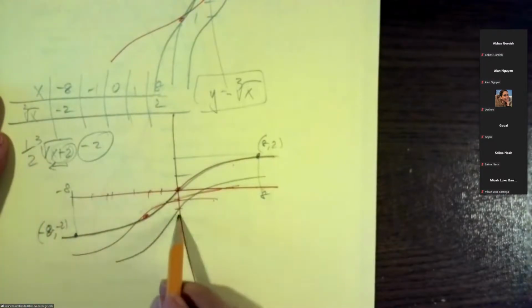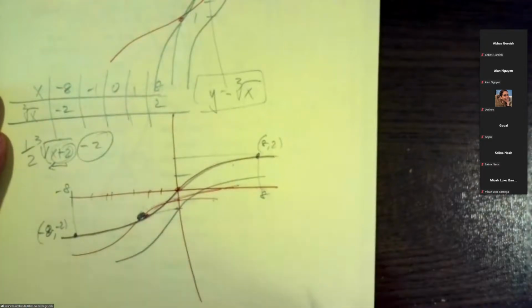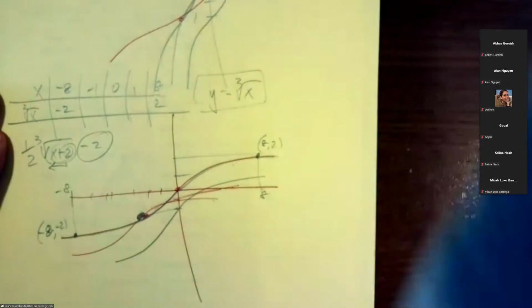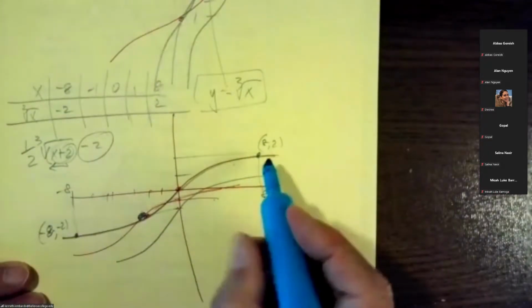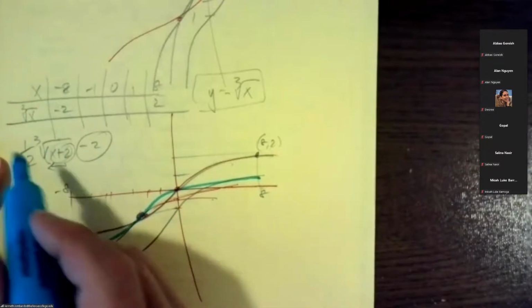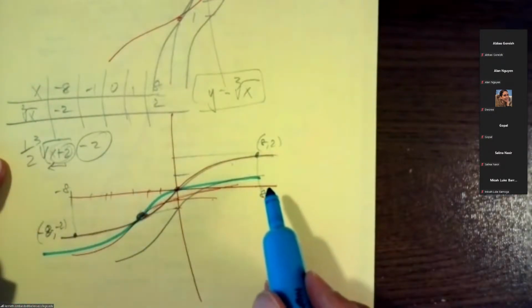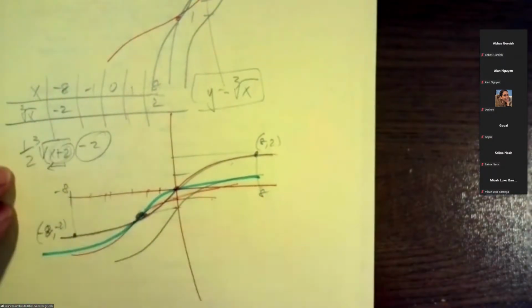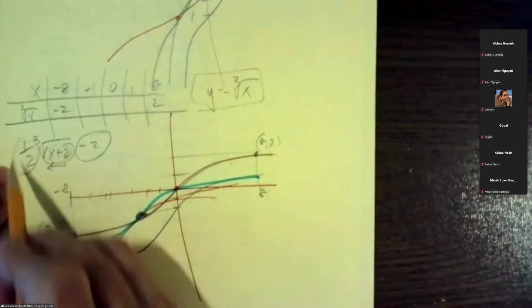That's done by this. And then shift it left. That's done by this. So we take this point, move it over 2. So we're over to here. So let me get another pen here. So maybe we're over like that. And then we want just half the value. That's what this 1/2 out in the front is going to do.